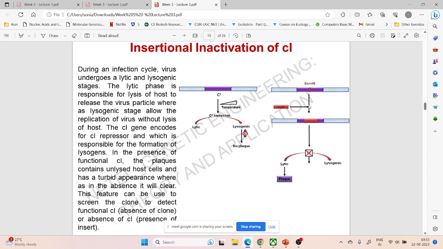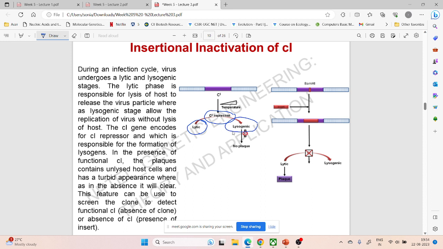The first one is the lytic cycle and the second one is the lysogenic cycle. Whether the virus will follow a lytic cycle or lysogenic cycle depends on a repressor known as the CI repressor. As the name suggests, it is a repressor, so it represses the lytic cycle. So when this CI repressor is active, the lytic cycle is repressed and the cells undergo the lysogenic cycle. And in the lysogenic cycle, what happens?